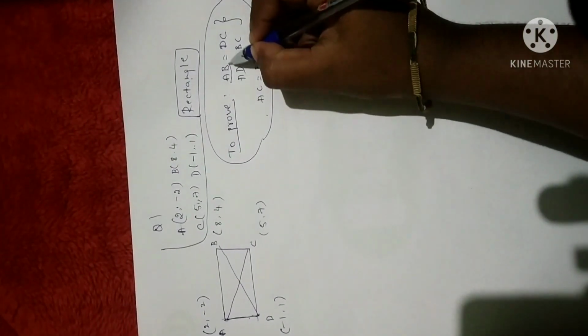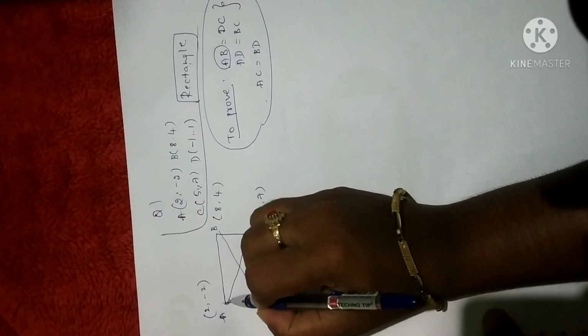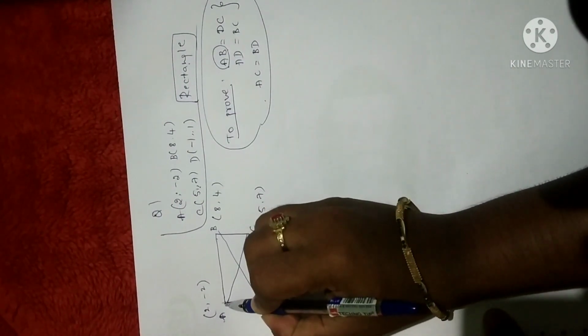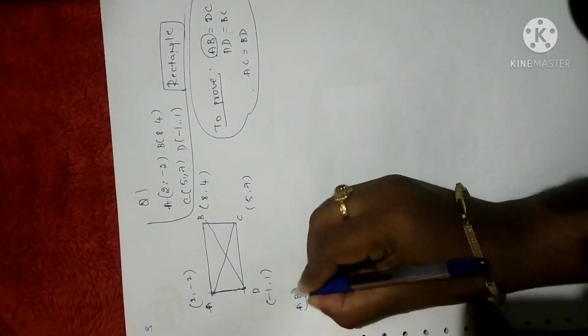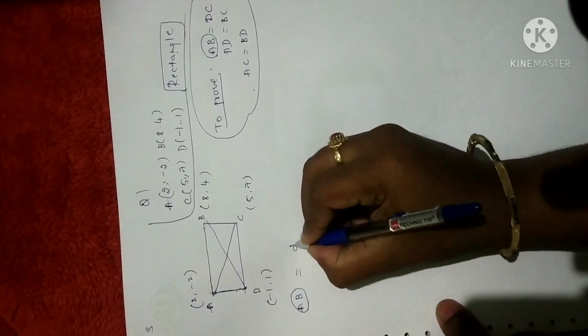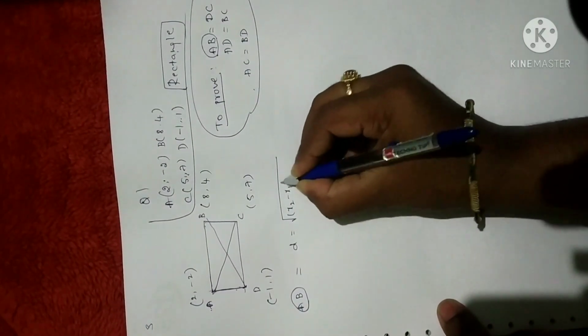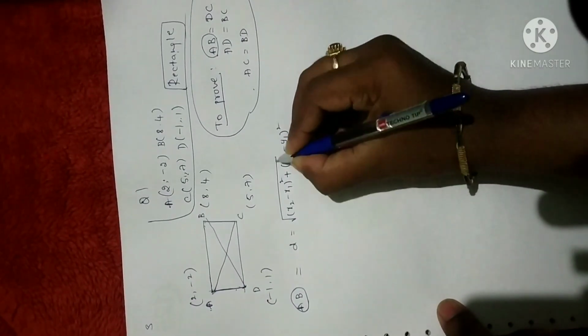First let me find the length of AB. When I say AB, it is the distance from the point A to B, right? What is the distance formula? D is equal to square root of x2 minus x1 whole square plus y2 minus y1 whole square.